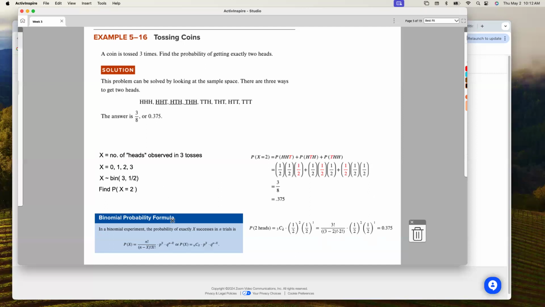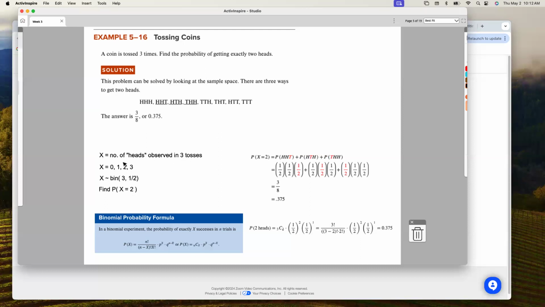So it's kind of nice that we have this, because this formula, you're saying, well, that's a little more complicated to use. But like I said, going through doing this definitely is. But later on, we're going to see very quickly that we have software or calculators to even do this part of it. So all we really have to do is observe that it is a binomial, where X can be the number of heads.